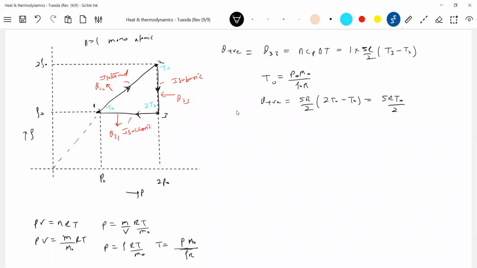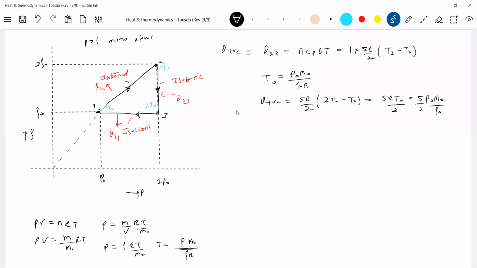So in place of R T naught, what can you write? P naught M naught by rho naught. Your answers will be in terms of this. I think it's a very nice problem for you. Or you can keep T naught only, it will get eliminated in the efficiency, no? Okay, it will be in terms of this pressure intensity.